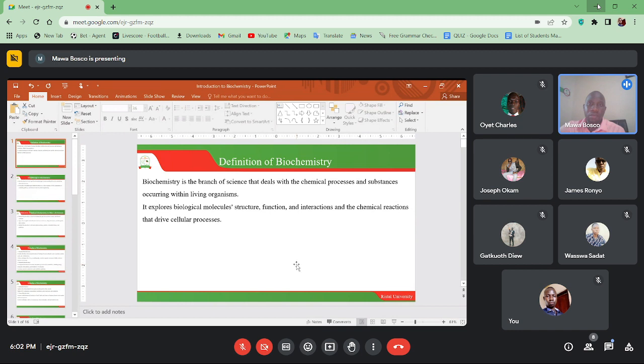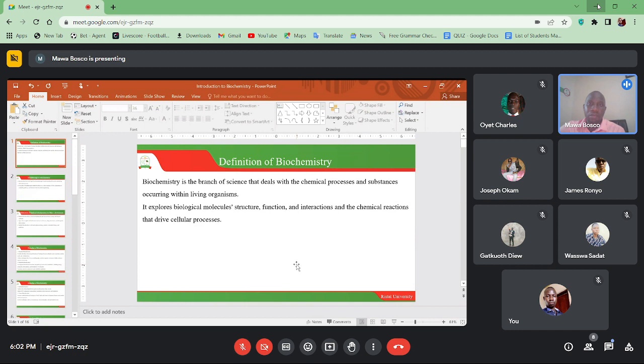Or sometimes, if you're on a particular treatment, we can look at these biomarkers to either say that the treatment is working or it is not working. Okay, so biochemical analysis look at these things, and these are basically applied in clinical biochemistry.